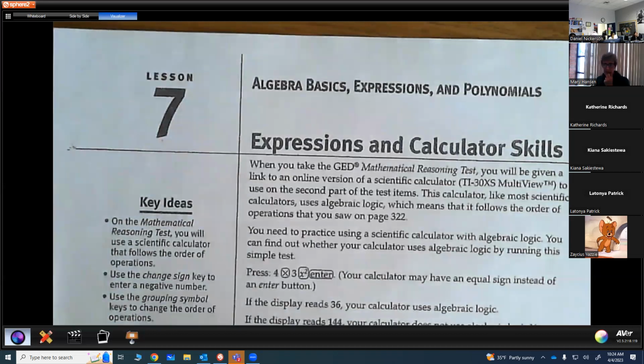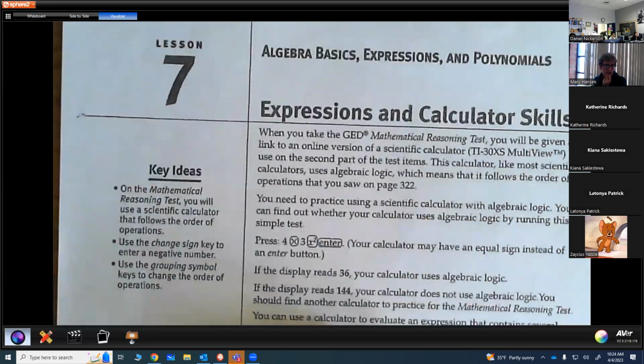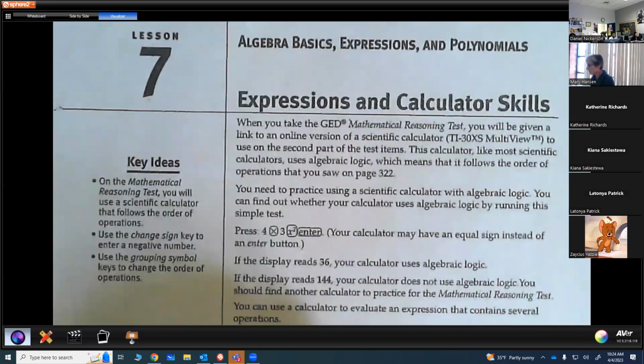So I've got the link in the chat if you need it and you're not in the Flagstaff classroom. But basically what we're going to do is pull together again some of the things we've been doing, but making sure that we are confident in being able to use the calculator.